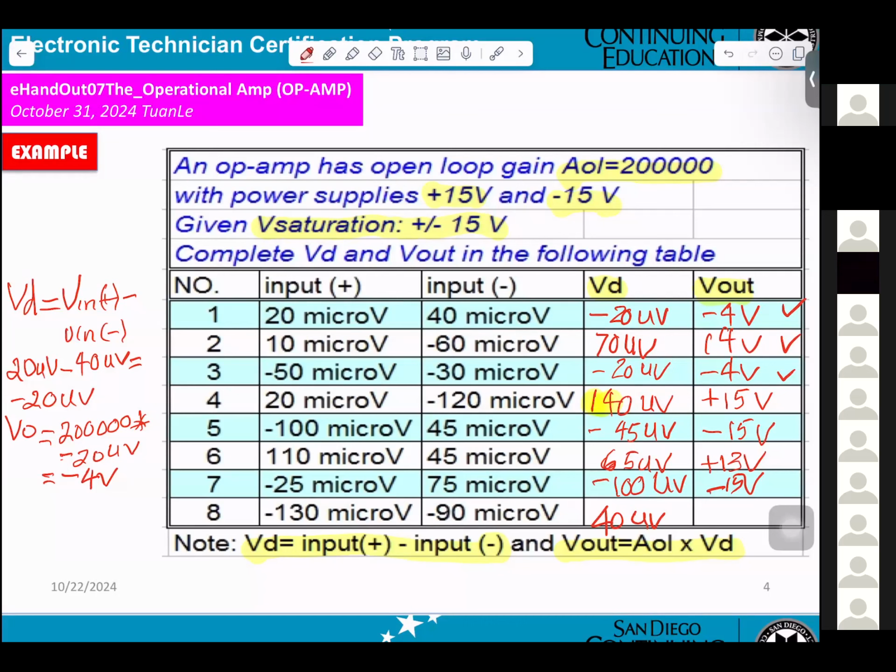You got just plain 40? You get minus 40. Yeah, what, you got plain 40? Oh, yeah, it's minus 40. Minus 40. And then negative 8. Yeah, in the VD box is minus 40 micro. That's what I got. And output will be minus 8.